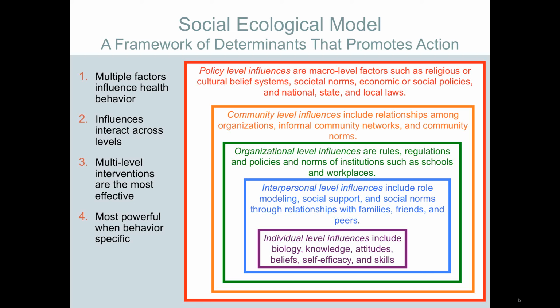And finally, the last characteristic of the social ecological model is that the interventions that are designed based on these social determinants of health are most powerful when the behavior that we're addressing has been identified and defined as specifically as possible.